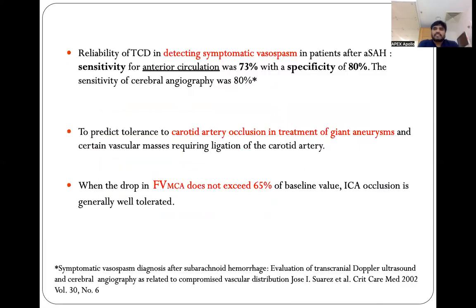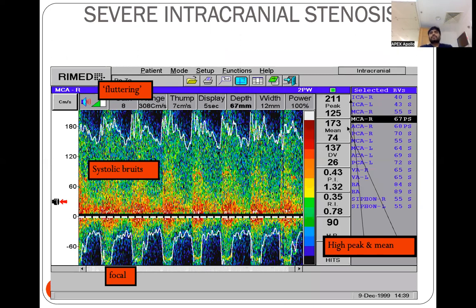The sensitivity is 73% and the specificity is 80%. When the drop in flow velocity of MCA does not exceed 65% of the basal value, ICA occlusion is generally well tolerated.